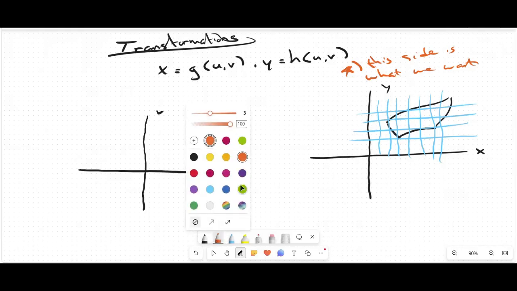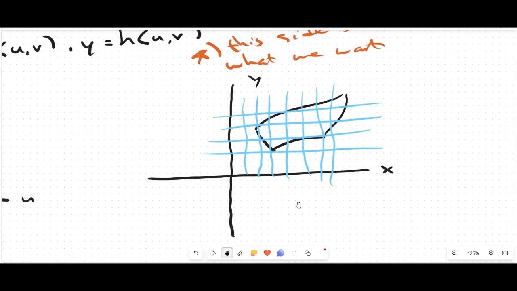And somehow in your back pocket, there's some geometric knowledge you have. You're going to have some choices of g and h that put very nice coordinate lines. Think like polar coordinates, how they look different than rectangular ones. And the coordinates you get are going to look like they work really well with the shape you've got.